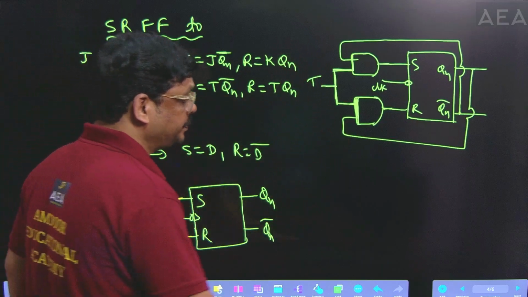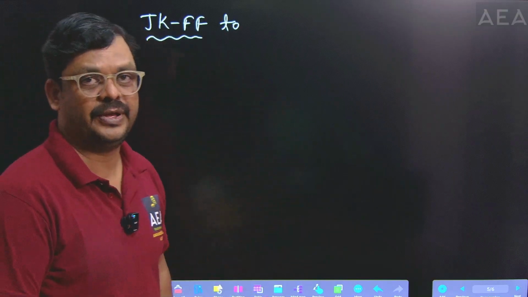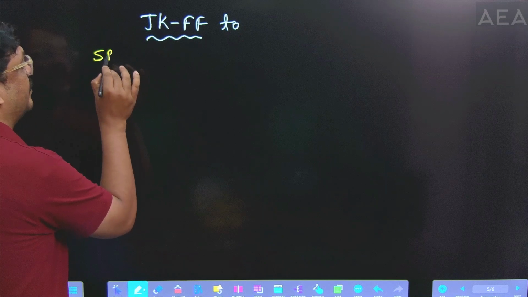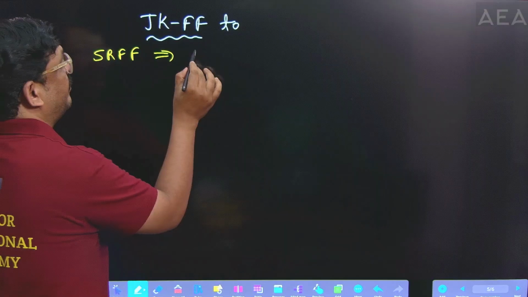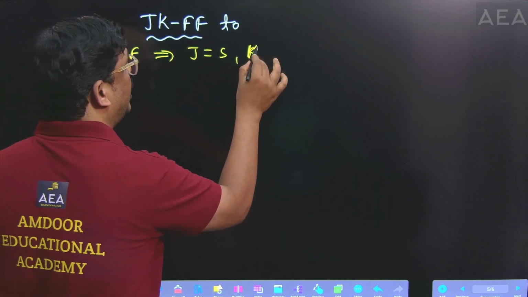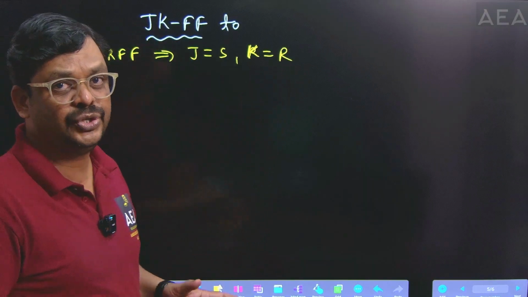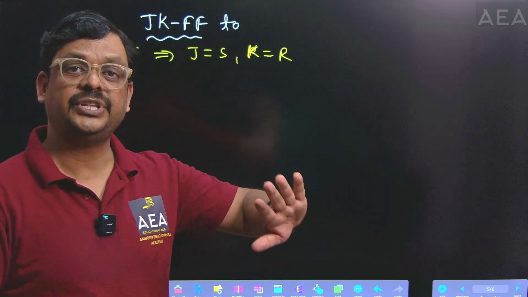And similarly, I want to convert JK flip-flop to other flip-flops. JK flip-flop to SR flip-flop. First of all, I will take the SR flip-flop. If you want to convert JK flip-flop to SR flip-flop, just connect J is equal to S and K is equal to R. That's it. Because the SR flip-flop is used in only 3 combinations, and in the JK flip-flop the first 3 combinations are similar.